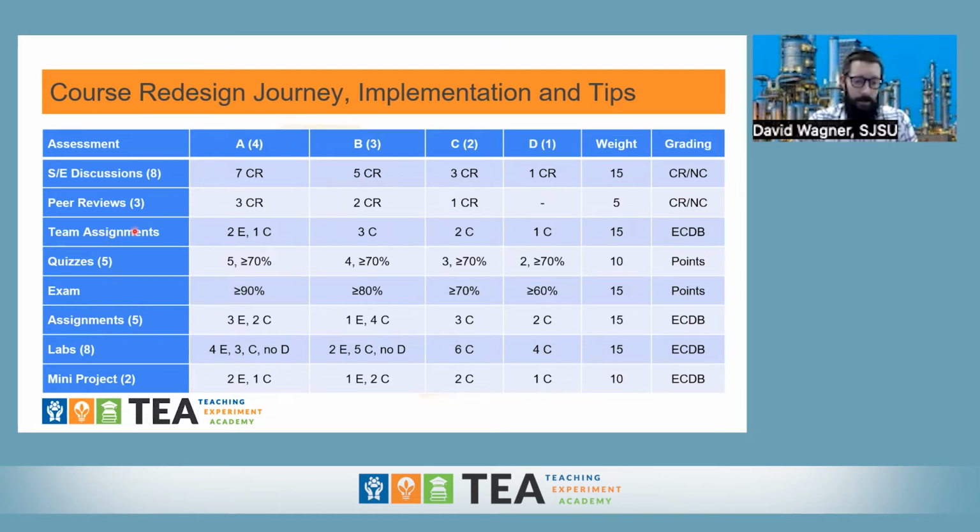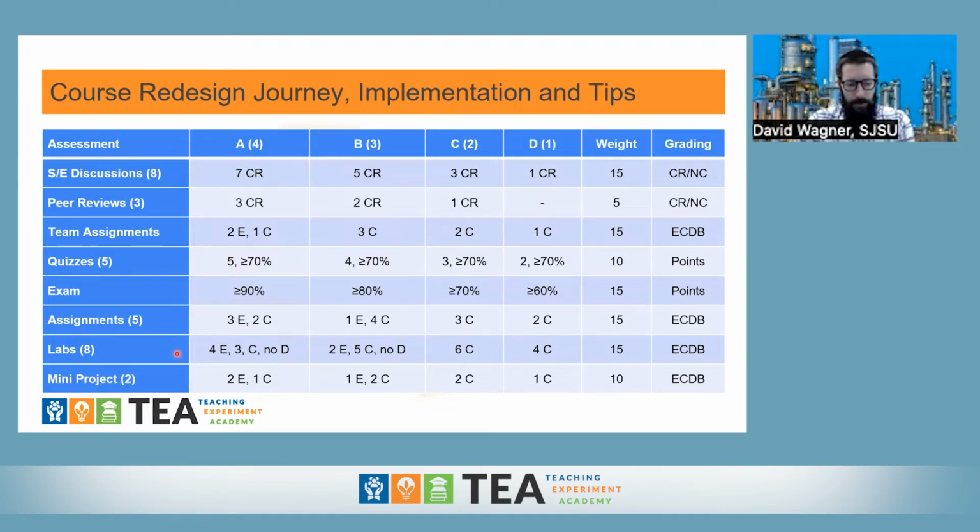So for team assignments, for instance, if you had at least 2 exemplary and 1 competent of the 3 assignments, then you get a 4.0 for that section, so you get the full 15 points. The credit, no credit peer reviews, there were 3 of them for these team assignments. So if you did all 3, you got credit, and you get the full weight of 5 points, and so on.